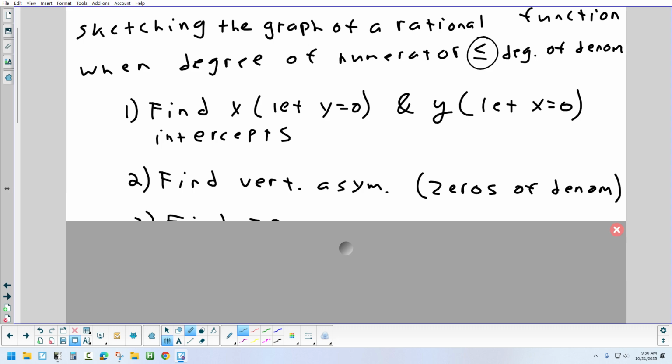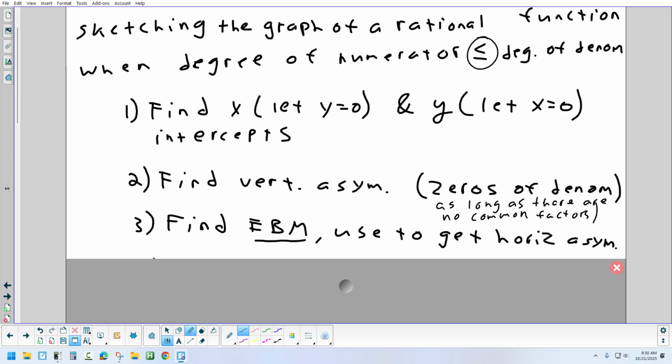Okay, so 0 in the denominator, as long as there are no common factors. So if you've got the same factor in the top and the bottom, that's a hole. Okay, so we're going to find the vertical asymptotes.